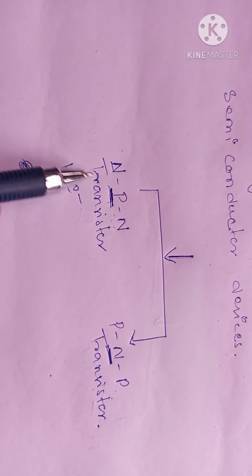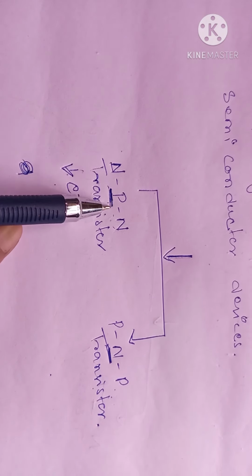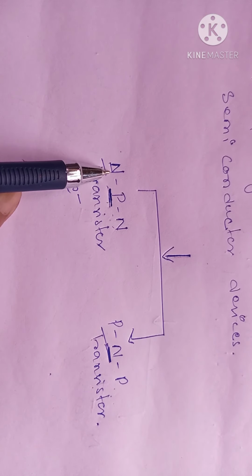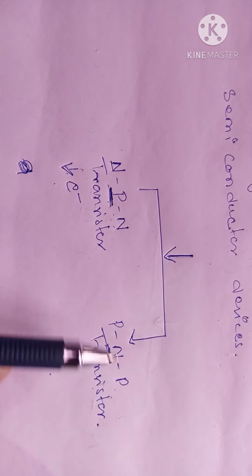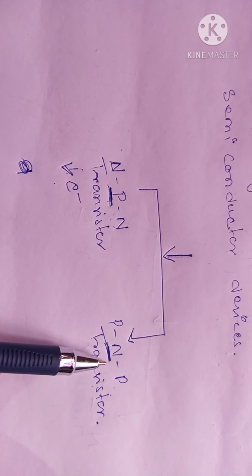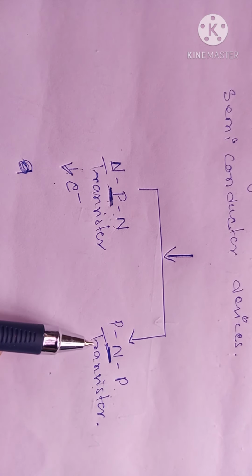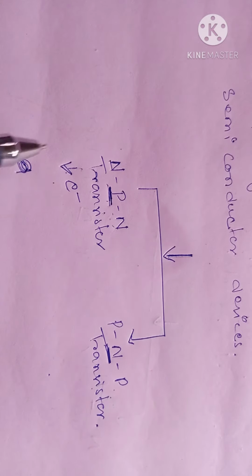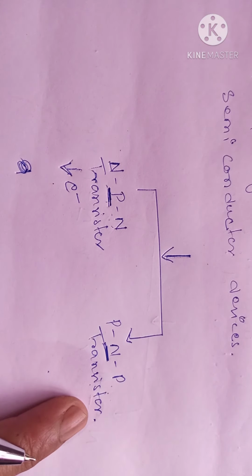Now, the best efficiency is provided by the NPN transistor, because we all know that in an N-type semiconductor, the majority charge carriers are electrons, while in a P-type semiconductor, the majority charge carriers are holes. Electron charge carriers are best because the mass of an electron is very small compared to holes.